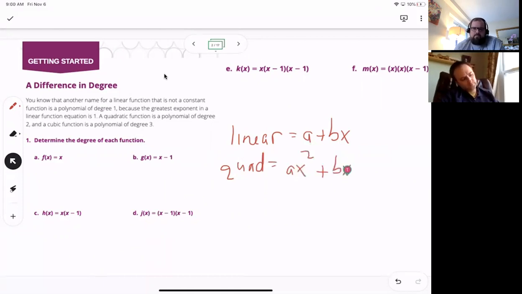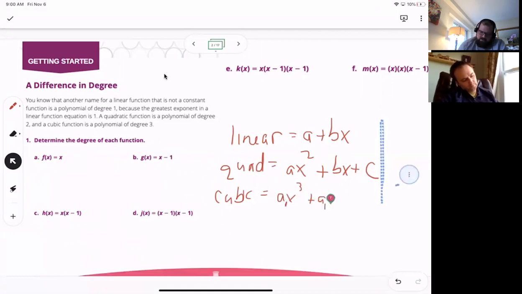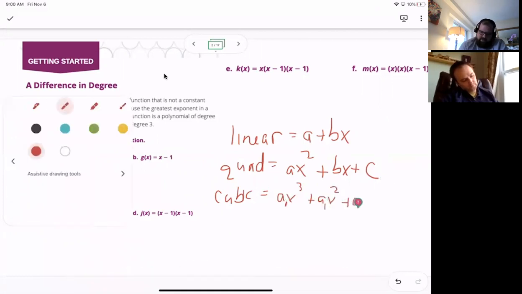Something that has 1x in an equation that's not multiplied by any other x's, that would be a degree 1. And you can kind of shortcut this by thinking about, I just meant to draw a line down. Oops.